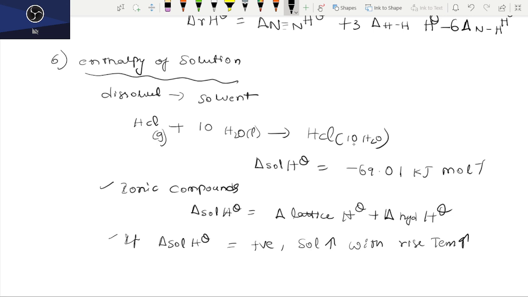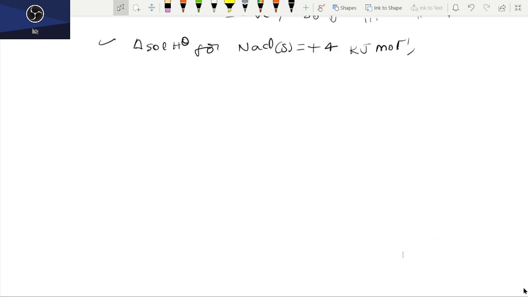Enthalpy of dilution. Very easy to understand. What is exactly enthalpy of dilution? Enthalpy of dilution is nothing but the enthalpy change associated with addition of a specified amount of solvent.